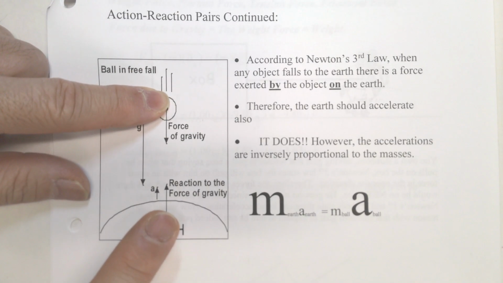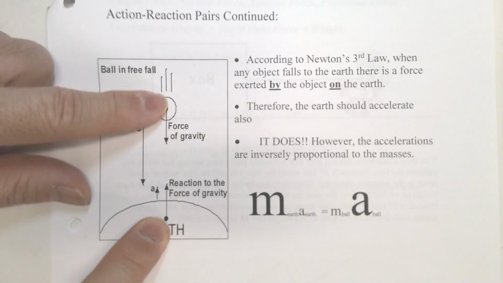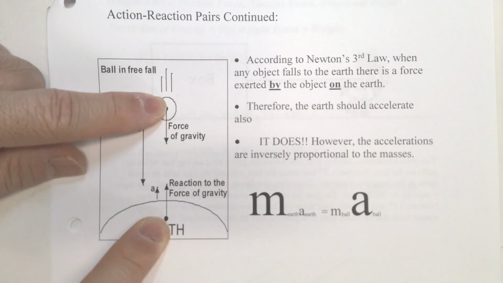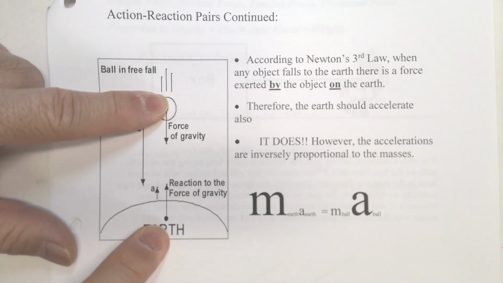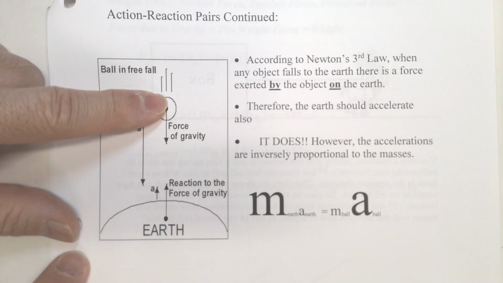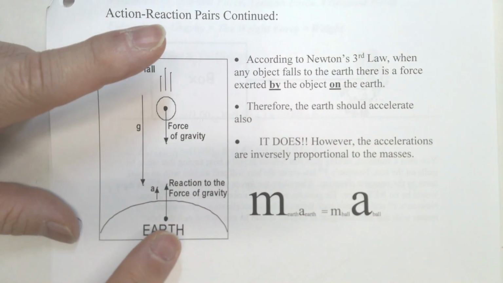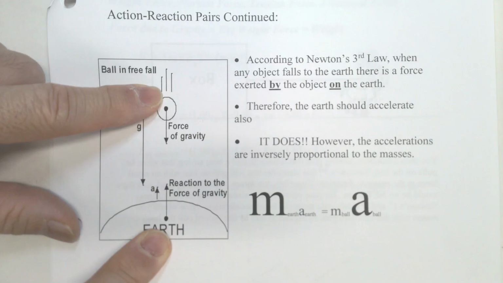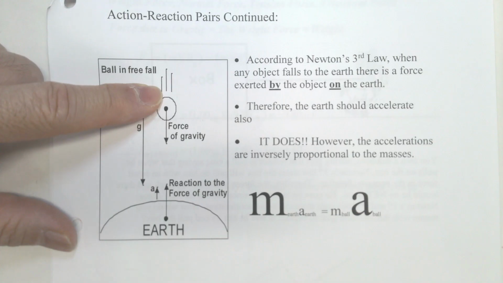As much as the Earth pulls on this object, let's say an apple, the apple pulls exactly the same amount of force on the Earth as well. And that's the action-reaction pair. It sounds incredulous, but as the Earth pulls on the apple, the apple pulls on the Earth with the exact same amount of force.